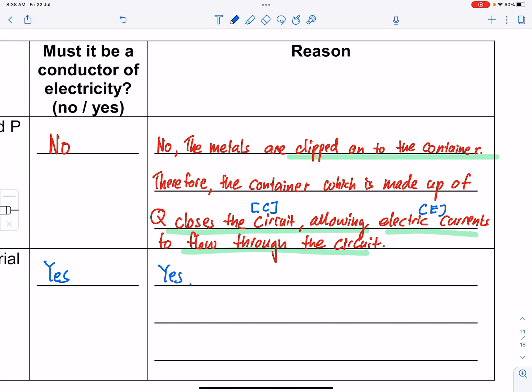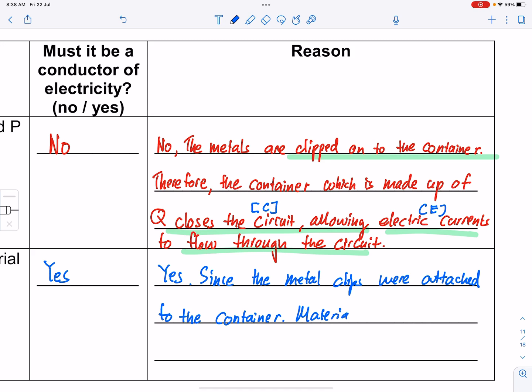So yes, since the clip or the metal clips were attached to the container, material Q must be a conductor of electricity in order to close the circuit.